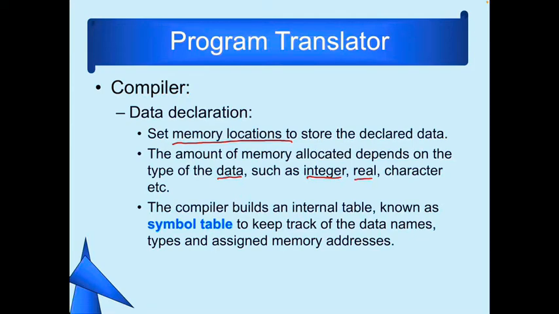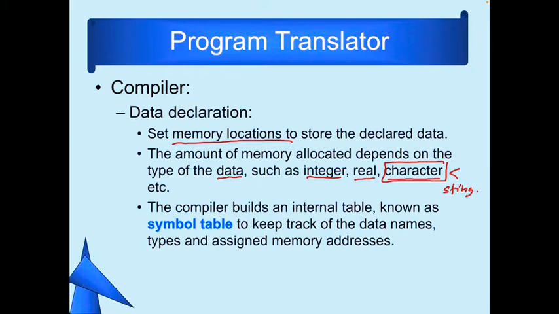If you are using real, we have a certain range of memory provided by our computer, and character. For example, if you are using character, maybe the space here is less than if you are using string.